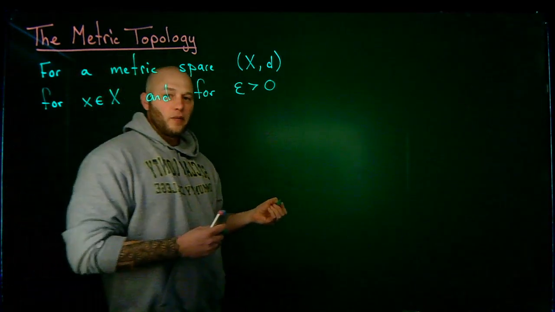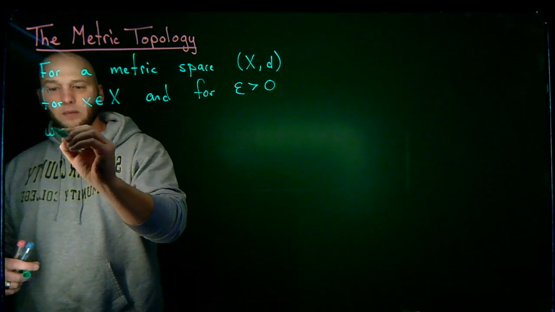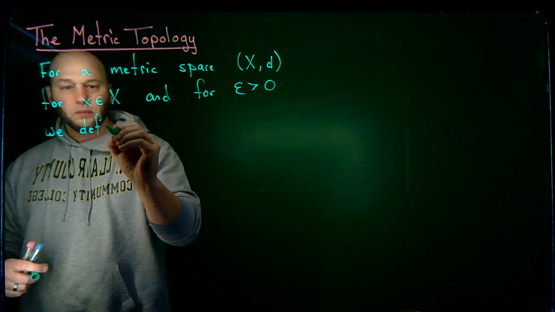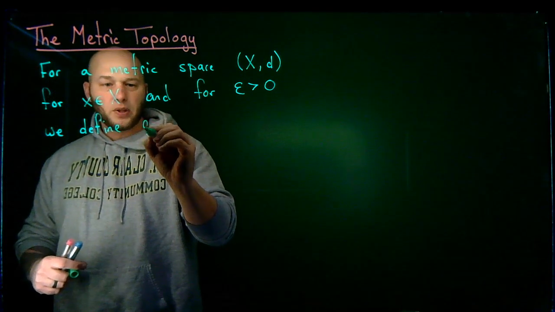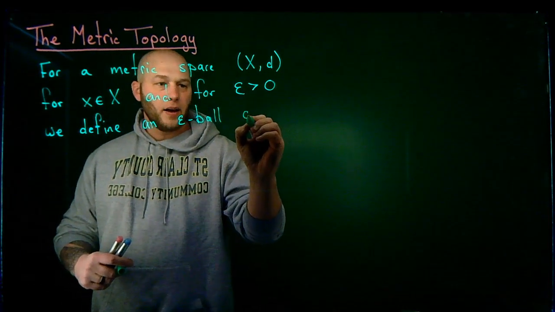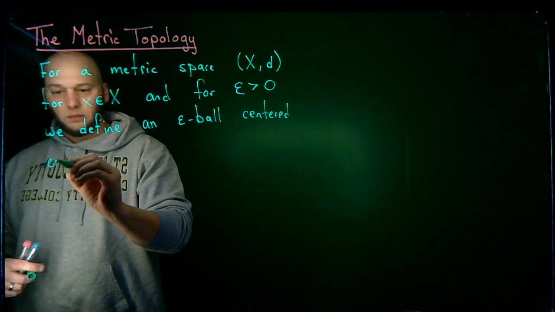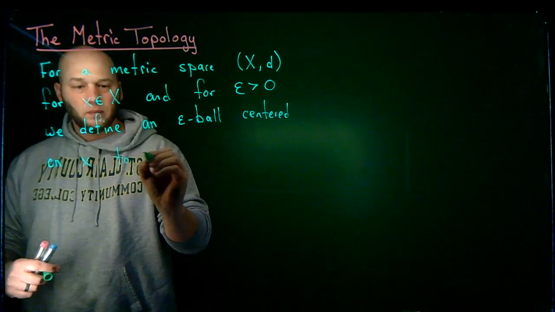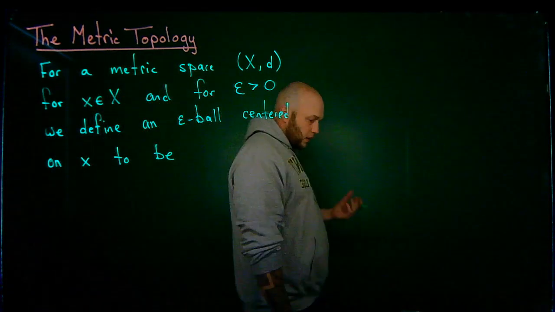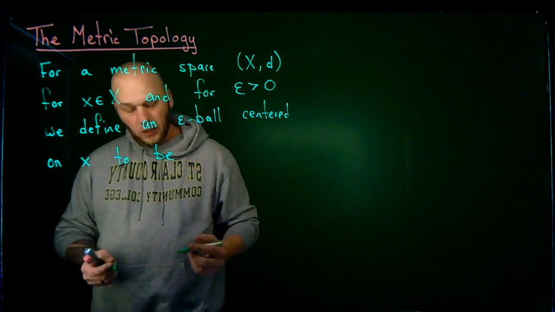So for an element of the set X and for a positive value of epsilon, we define an epsilon ball centered on x to be the following.